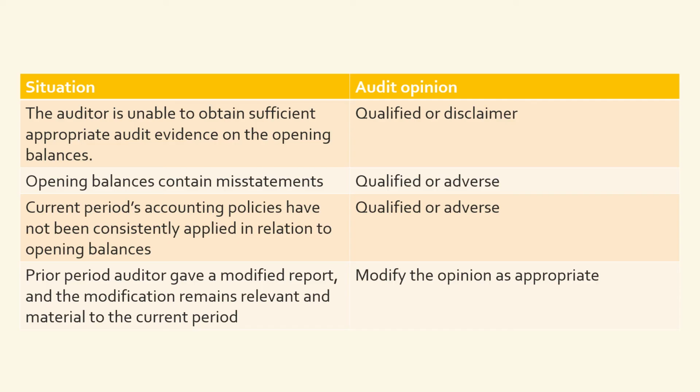So you get to see whatever happens to the beginning balance also affects the ending balance. Even if the beginning balance is unaudited, we still have to perform audit procedures to ascertain if they do not contain material misstatements, or even if the beginning balance has been audited by another auditor and the other auditor gave a modified opinion, we also have to check if the modification has already been corrected.